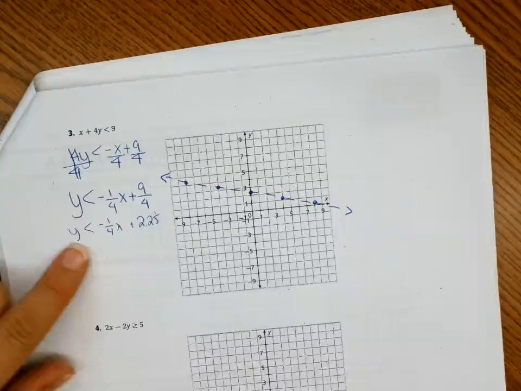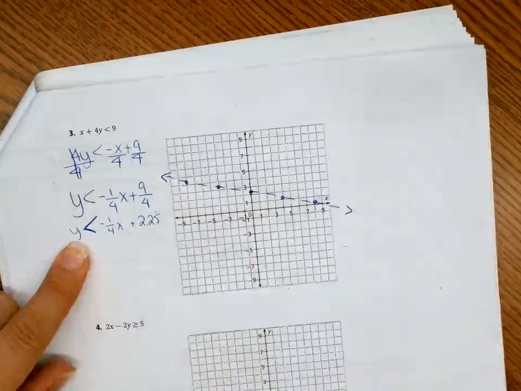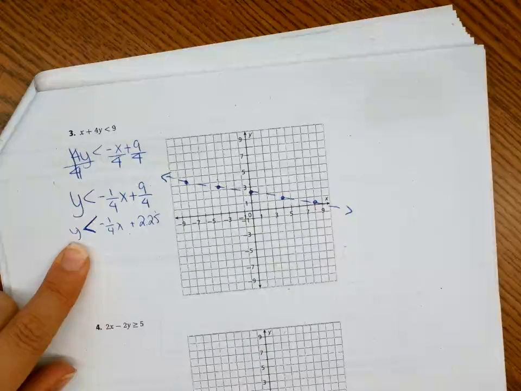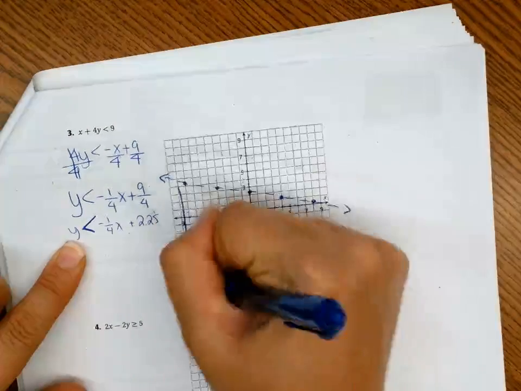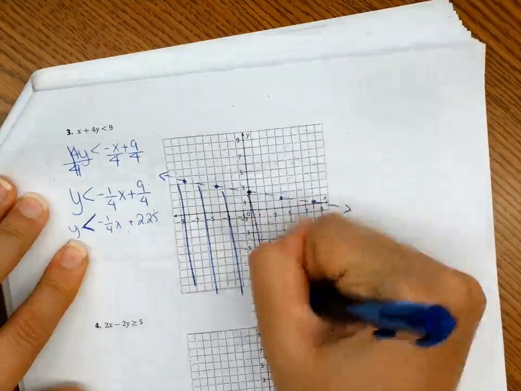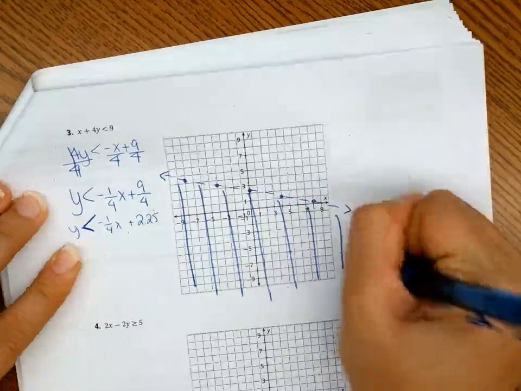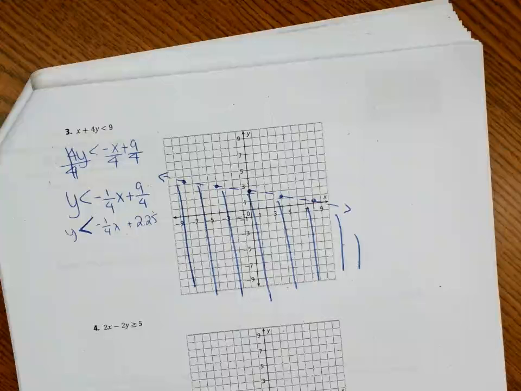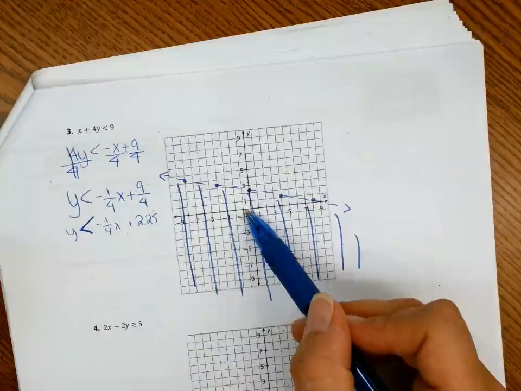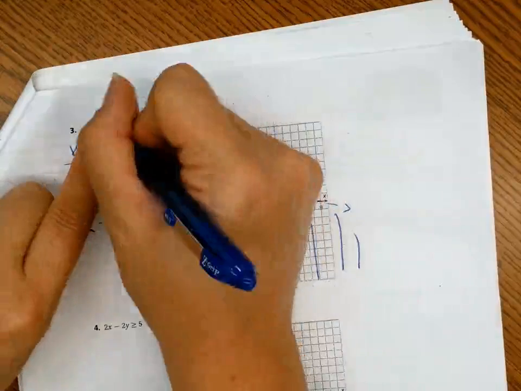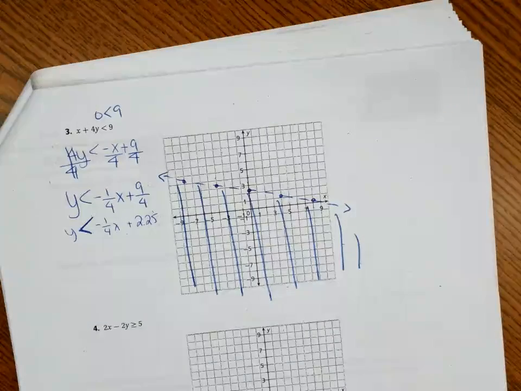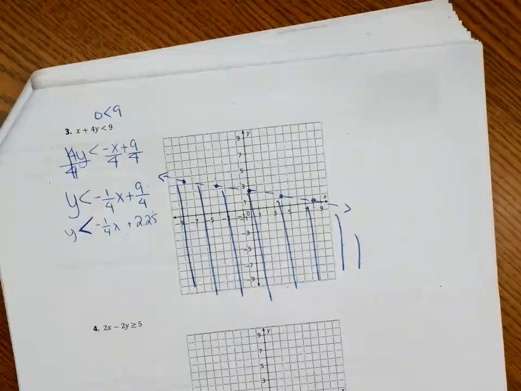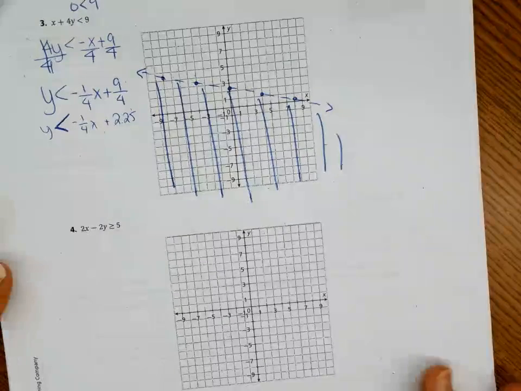All right, so y is less than. Shade down. Let's double check. If I plugged in 0, 0, I'd have 0 is less than 9. Is that true? True, so it should include 0, 0, right? Double check.